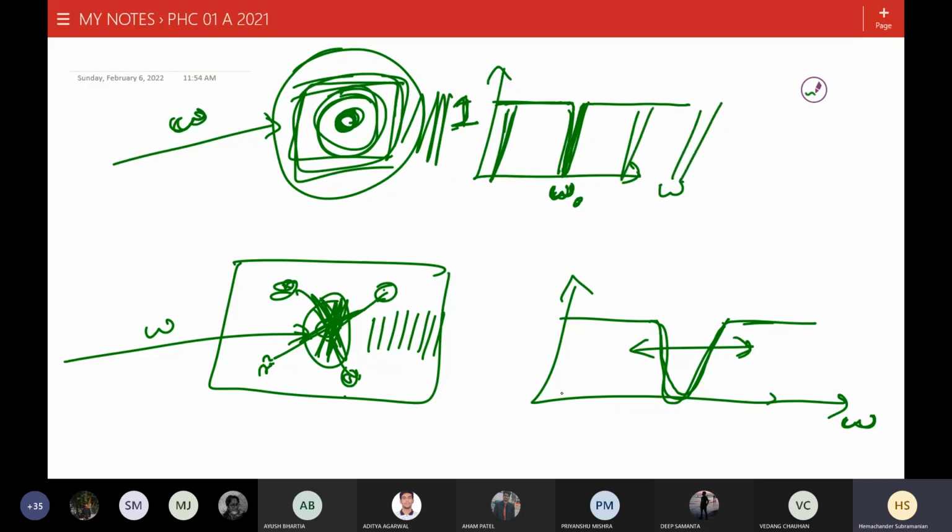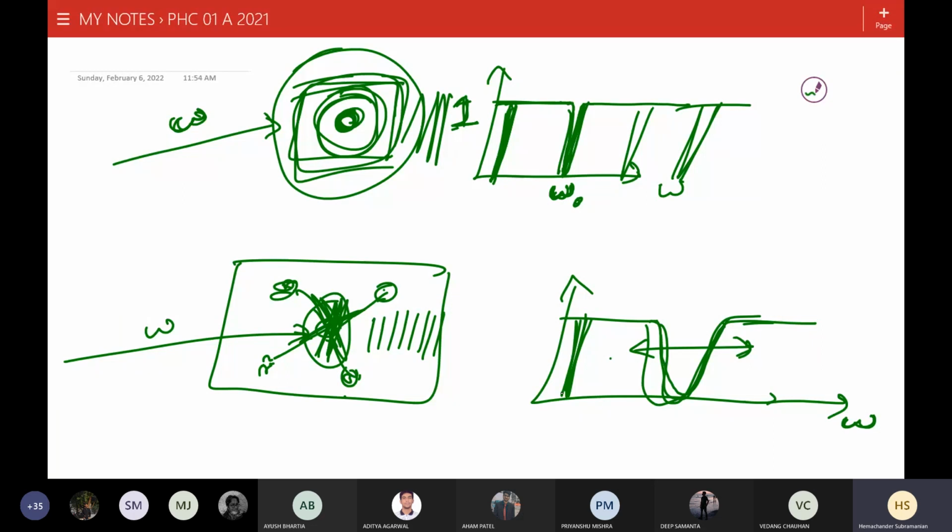The core electrons will create a sharp peak, and the valence electrons will also create a sharp peak here. But here, the core electrons will create a sharp peak, but the valence electrons will create a broad peak, because the valence electrons are going to be affected very much by the environment of the crystal. The core electrons will not be affected so much. So we will still get a sharp peak here. Does it make sense? Yes, sir.